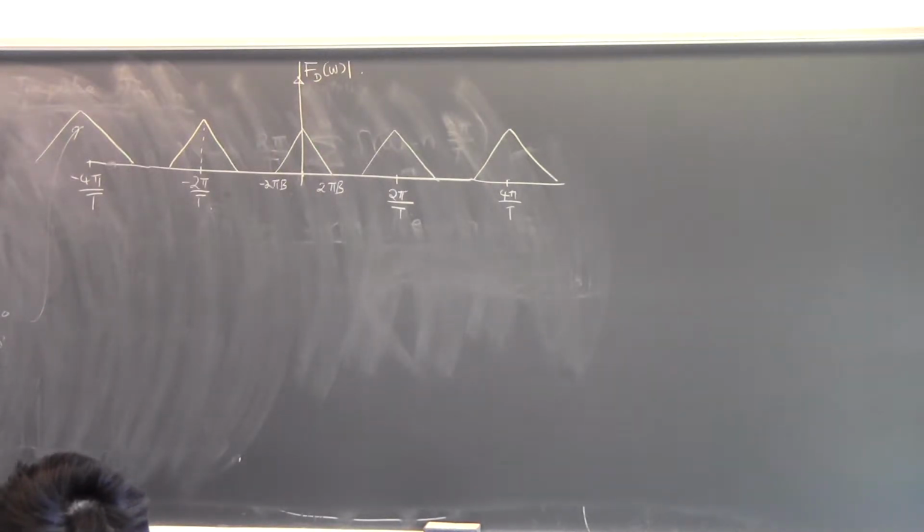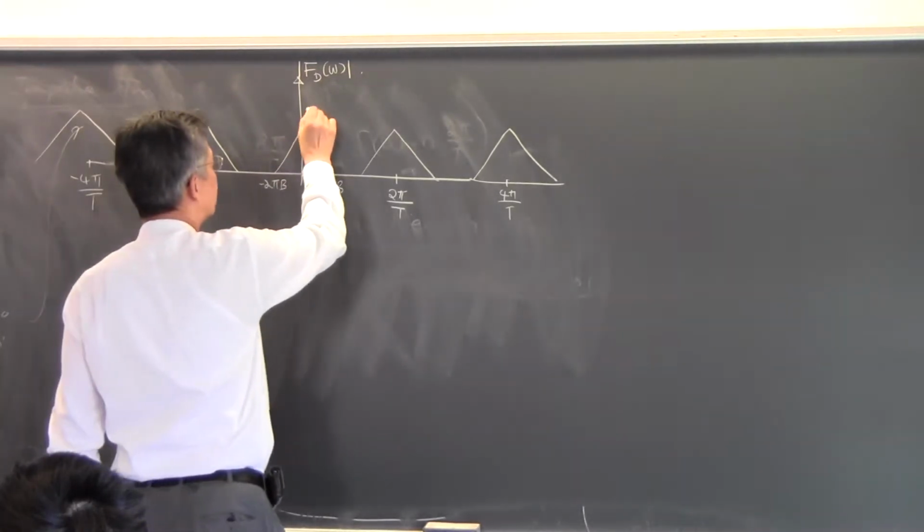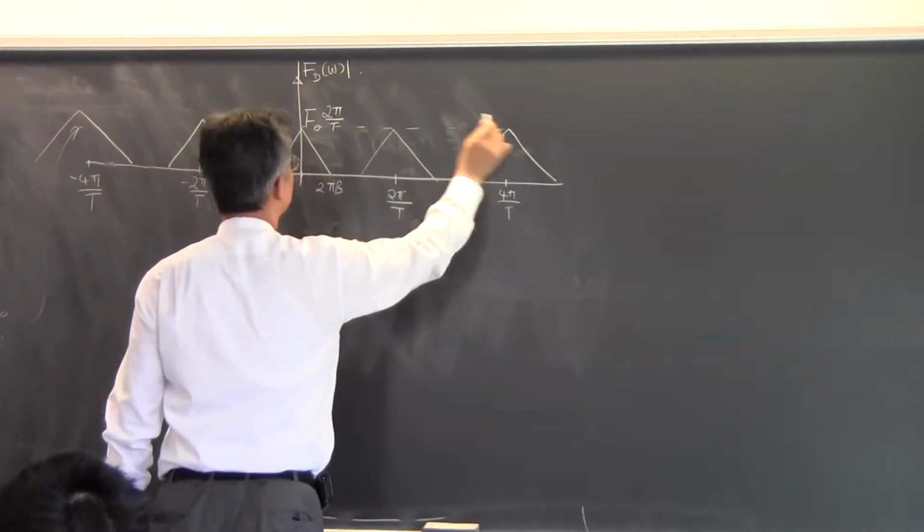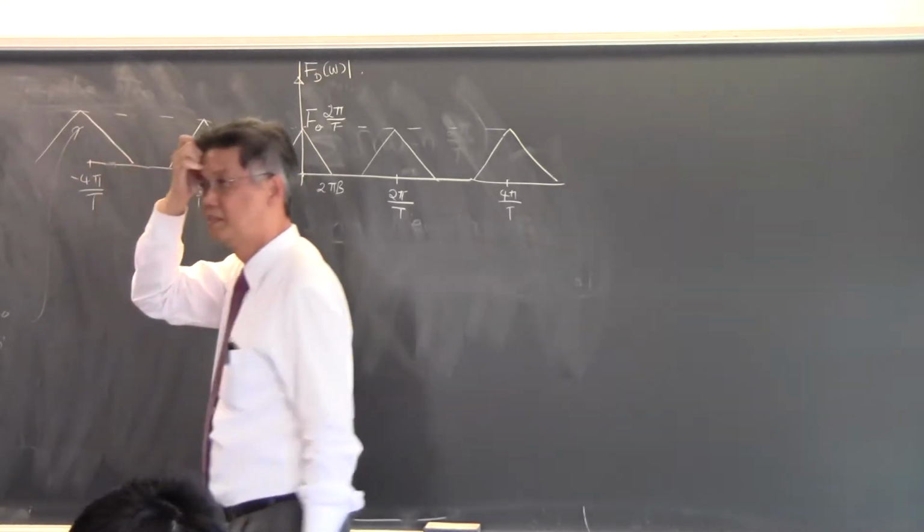What height should those be? The height of the original triangle when convolved with this impulse train, which has a magnitude of 2 pi over capital T. So this should be f naught times 2 pi over T, right? All these heights will be the same.